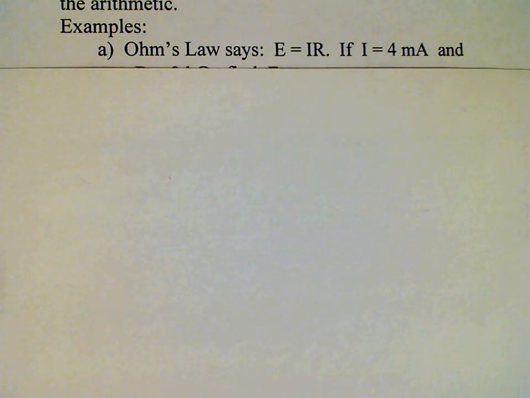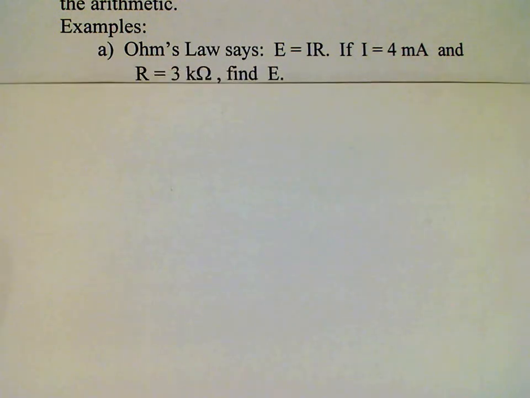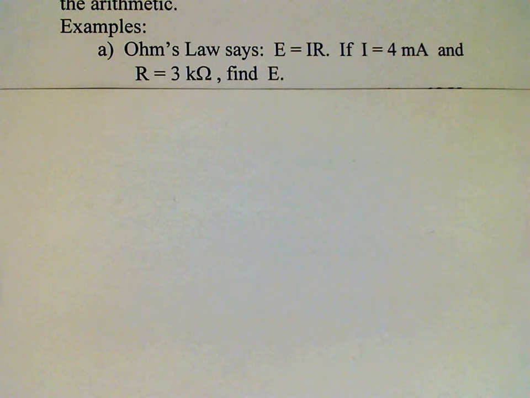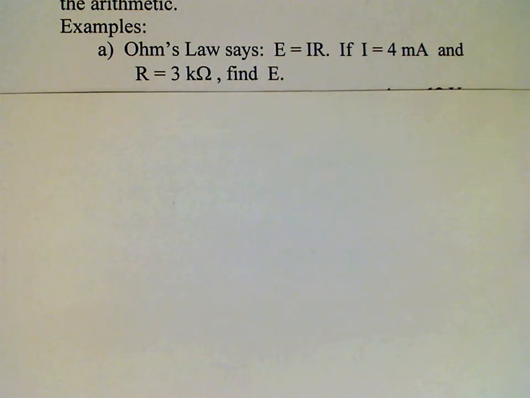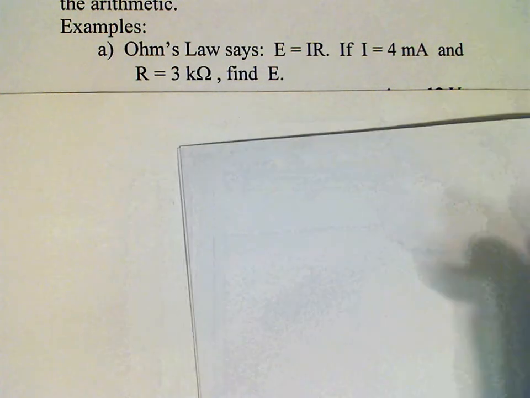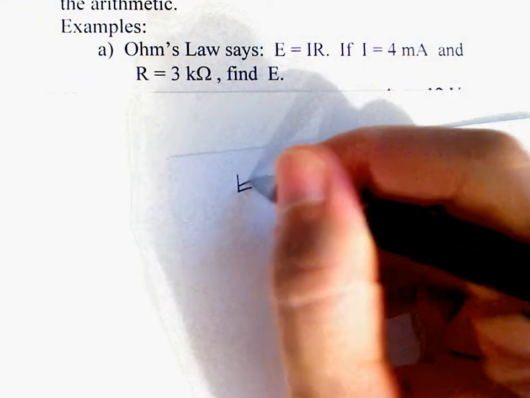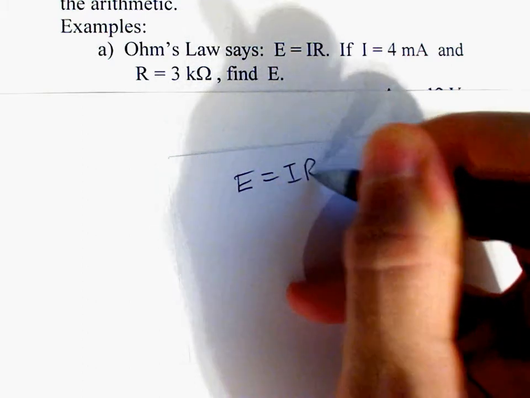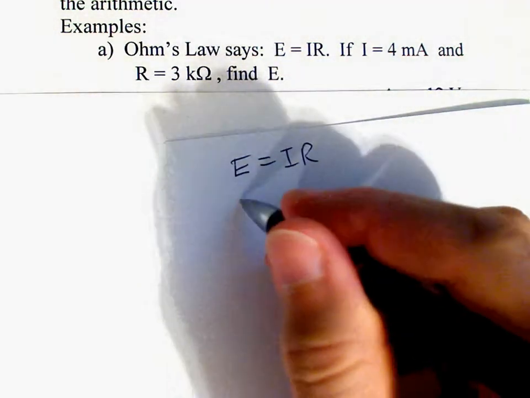That's where the E comes from. So for example, if I is equal to 4 milliamps and R is equal to 3 kiloohms, we need to find E. So we have E equals IR.